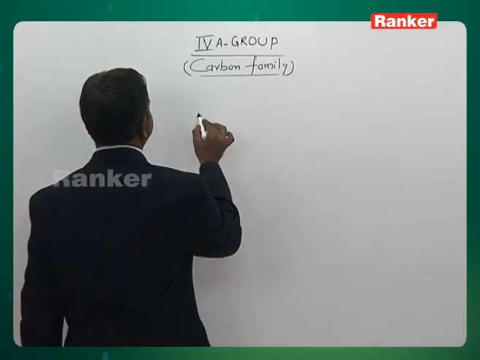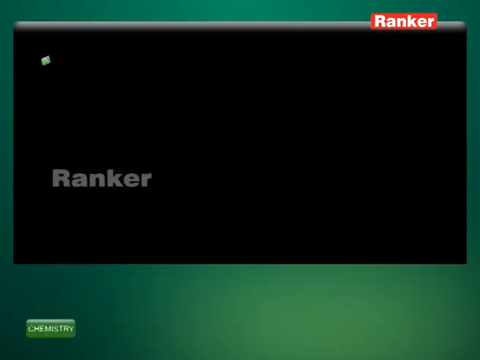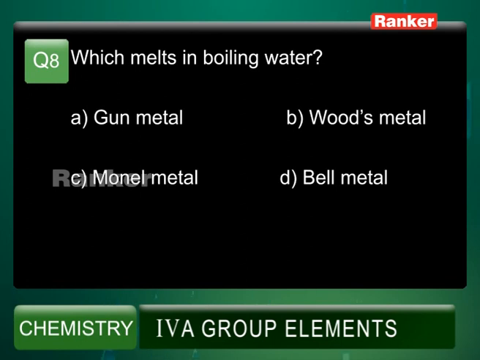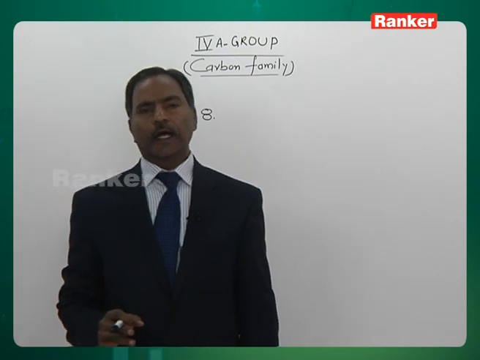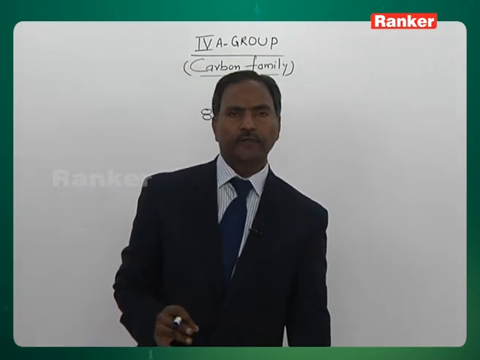Question number 8: which melts in boiling water? Gunmetal, Wood's metal, Monel metal, or bell metal. Gunmetal is copper, zinc and tin.